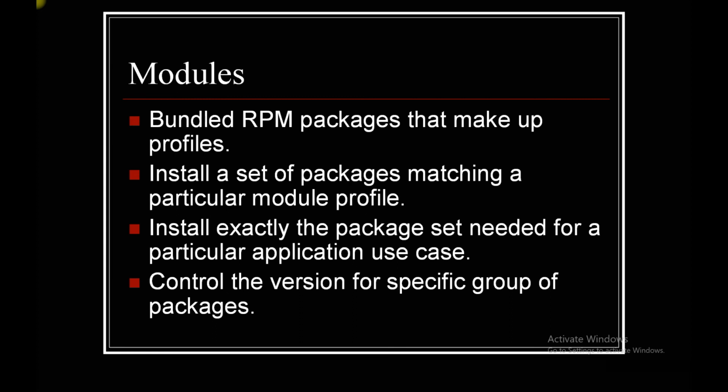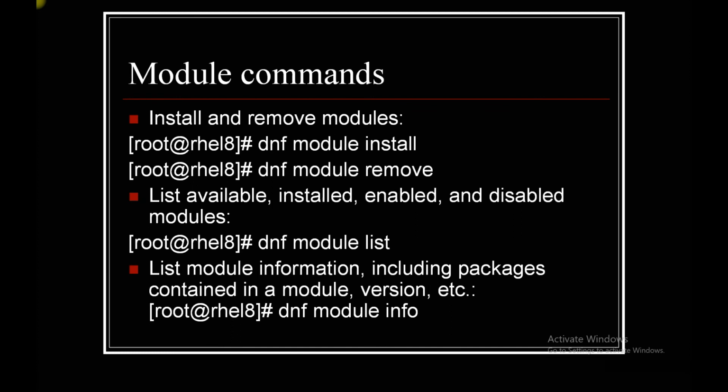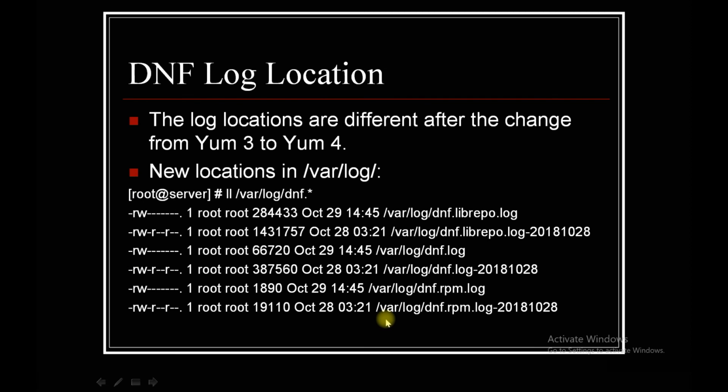Let's see what options we have in module. For installing and removing, you can use DNF module install and DNF module remove. For listing, DNF module list, and similarly DNF module info.